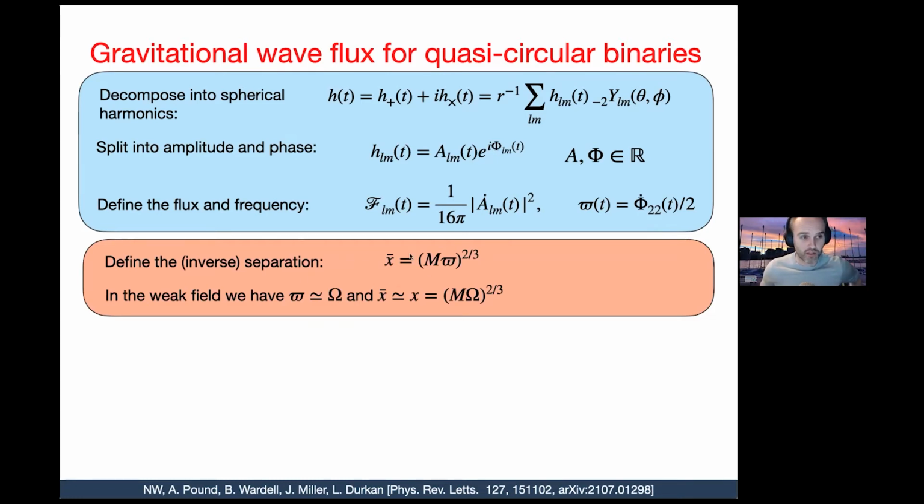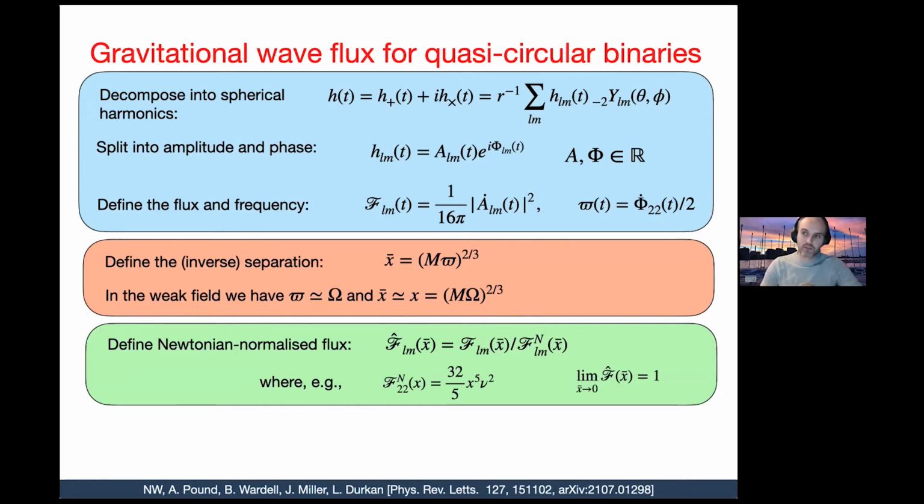If you're used to post-Newtonian calculations, it's very similar there. That's written in terms of M, this capital M here, the total mass of the binary, times the frequency raised to the 2/3 power. In the weak field, this frequency is equal to the orbital frequency. But there's a slight difference, basically in a PN sense from tails, when you're in the stronger field. And so this x bar is also equal to the usual PN x, again, if you're familiar with that.